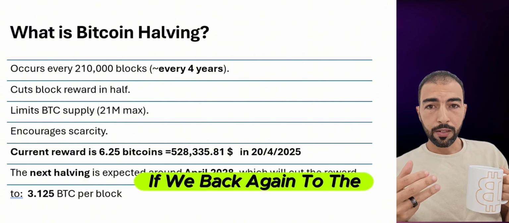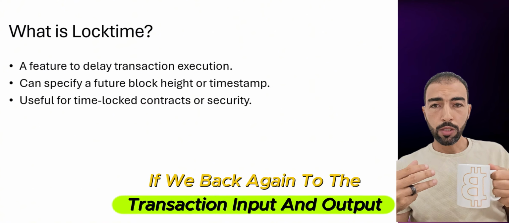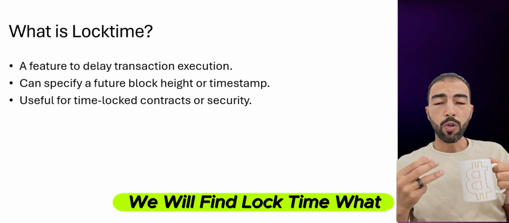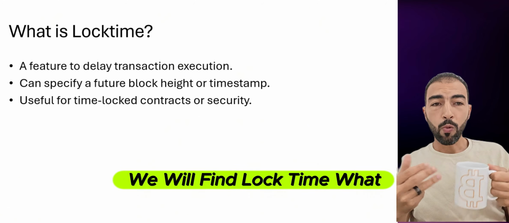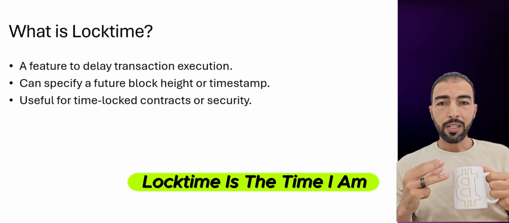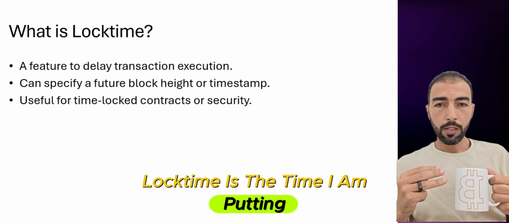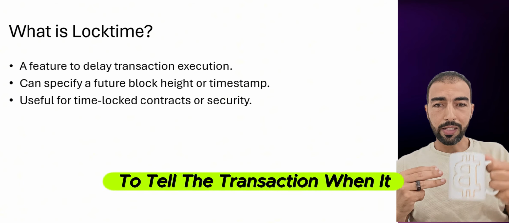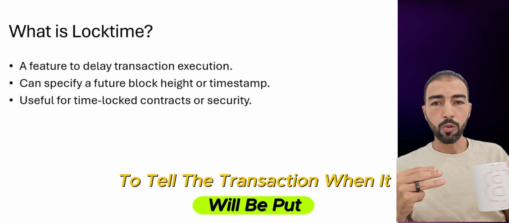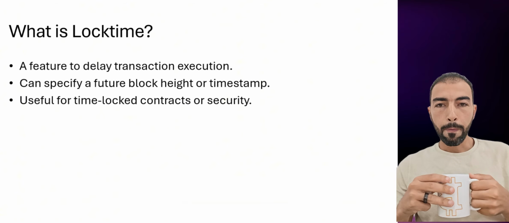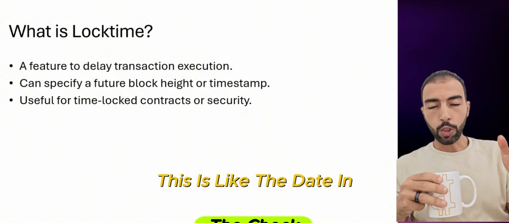If we go back again to the transaction input and output, we will find lock time. What is lock time? Lock time is the time I put to tell the transaction when it will happen. This is like the date on a check.